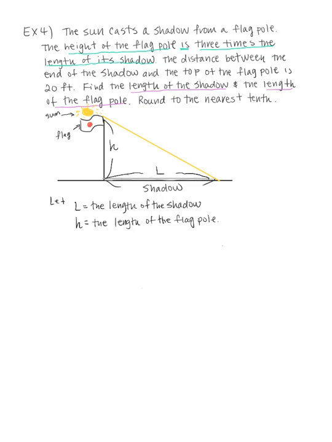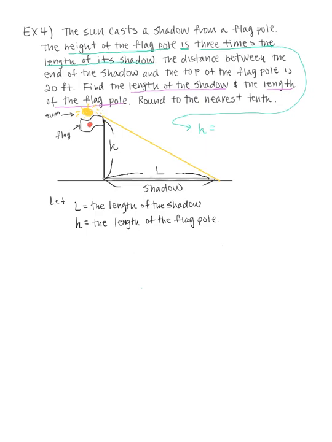So what are we given here? Height of the flagpole, we denoted that by H. So we're given that H is 3 times the length of its shadow. Do we name a variable for the length of its shadow? Yes, that's L, isn't it?